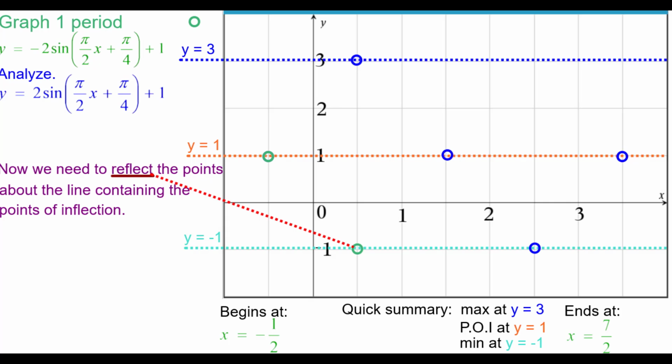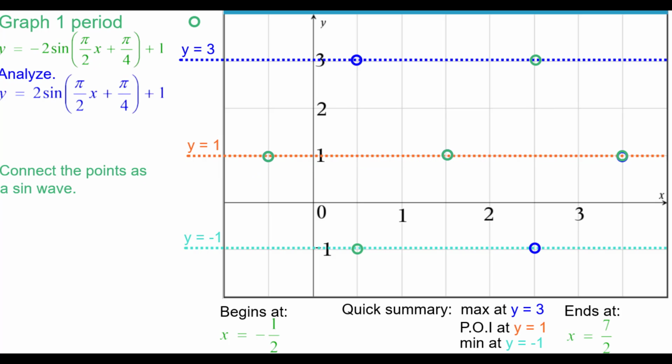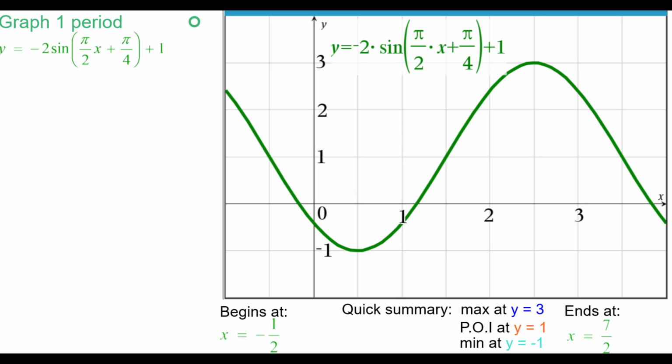This point of inflection will stay there. This minimum will reflect up to a maximum. And this point of inflection will stay as a point of inflection. Let's connect the green points as a sine wave. So concave up, followed by concave down, and then we'll smooth that out.